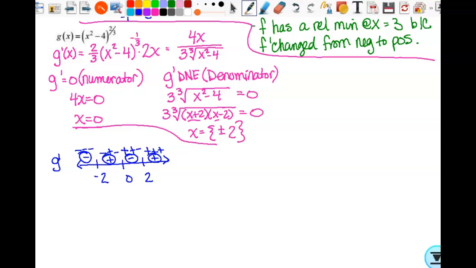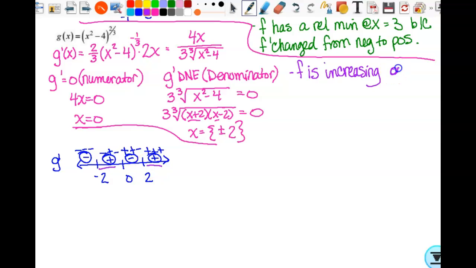All right, so the first thing we're looking at is increasing and decreasing. So I can say that F is increasing. When is F increasing? In general, not specific, in general. When is F increasing? When F prime is positive. So I'm increasing here and here.